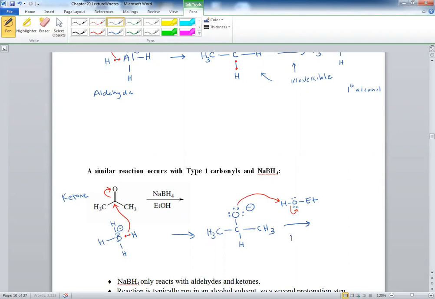Again, you're doing the protonation here. And now you have a secondary alcohol.